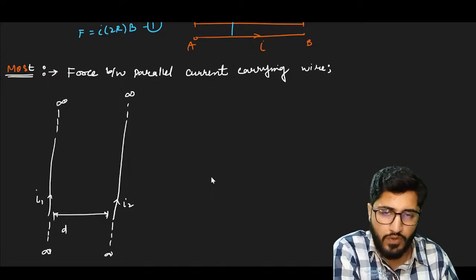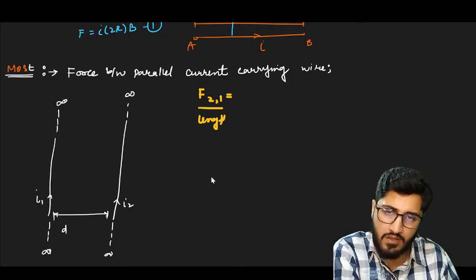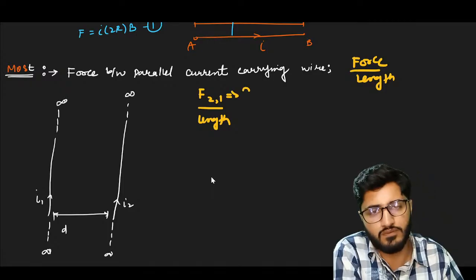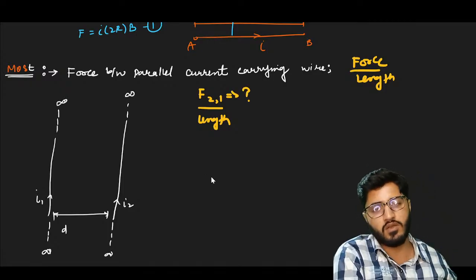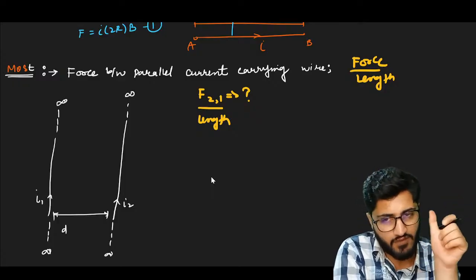So what we need to find out? Find the force on the second due to the first, per unit length. Aim is force per unit length. Look now. Take your right hand. Current is upwards.